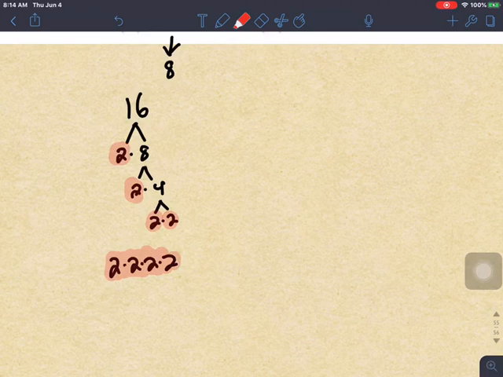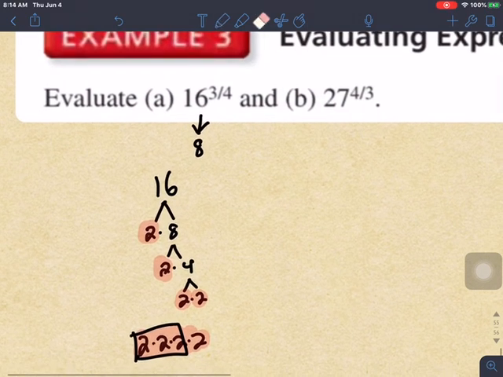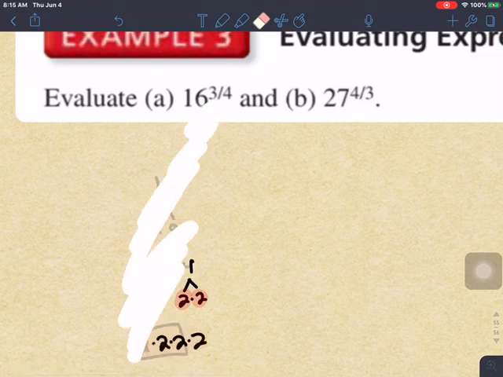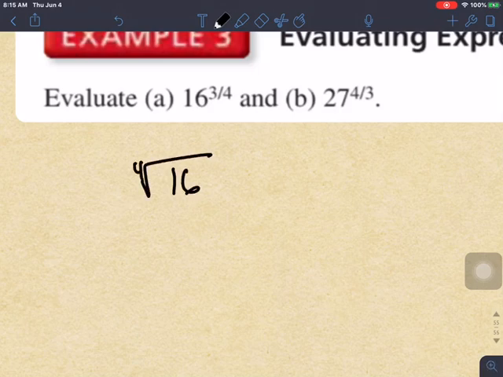The 3/4 power means that we select 3 of the 4. That's 2 to the third. That's another way of looking at it. I kind of like the way before because it works all the time. So let's reiterate: this is the 4th root of 16, which is 2, and then it's 2 to the third power, which is 8.